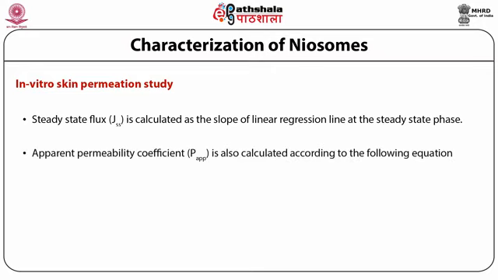Apparent permeability coefficient is also calculated, and according to the equation given below, PAP is equal to JSS divided by C naught, where C naught is the initial drug concentration.